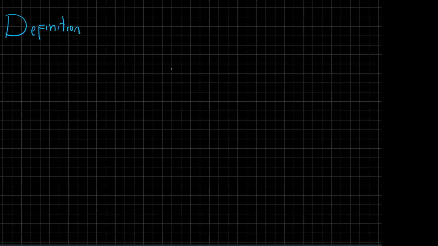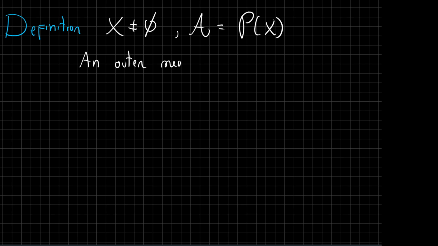The definition tells us that if we have a measurable space X, and let's take its trivial sigma algebra, which is the power set of X, we say that an outer measure, which is also known as an external measure, is a function, and the notation will be this one.